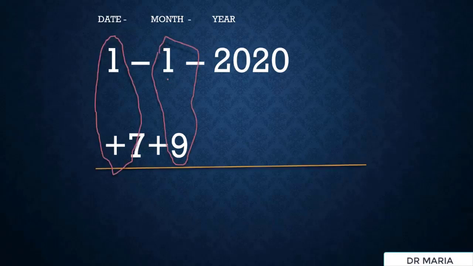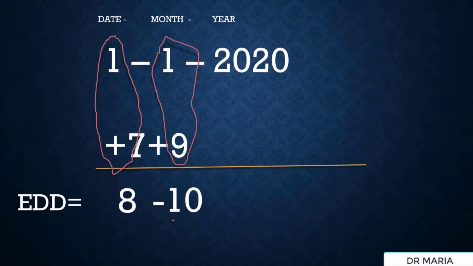So by simple addition, what will be the EDD? 1 plus 7, the answer is 8. And when we add 9 months after January, the answer will be October. As October lies in the same year, the year will not change. So this is the EDD, meaning the pregnant lady has completed her 40 weeks of pregnancy.